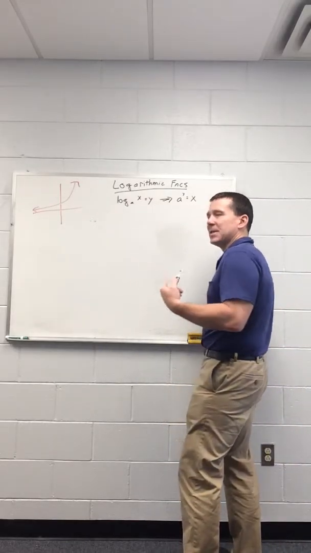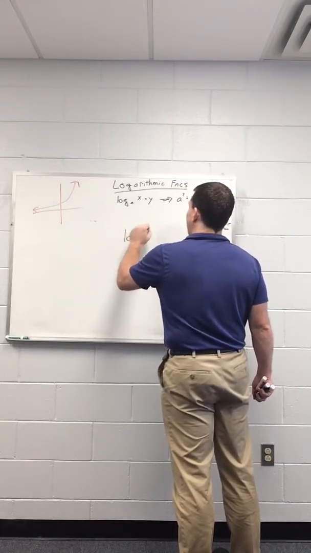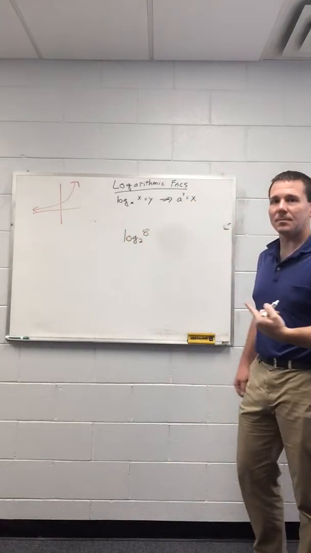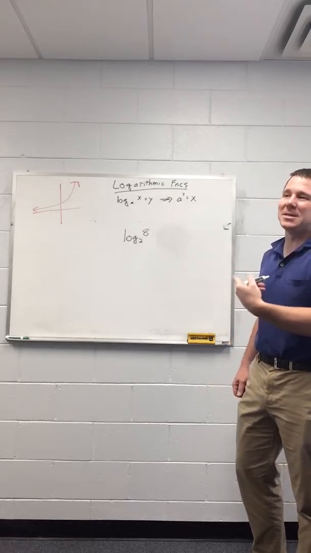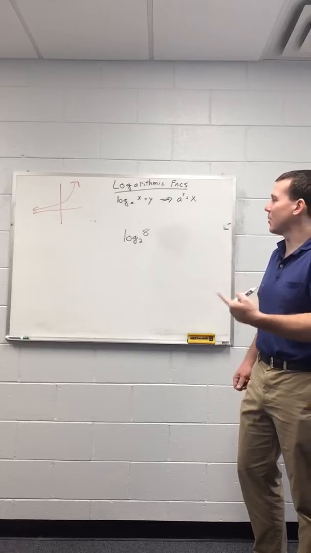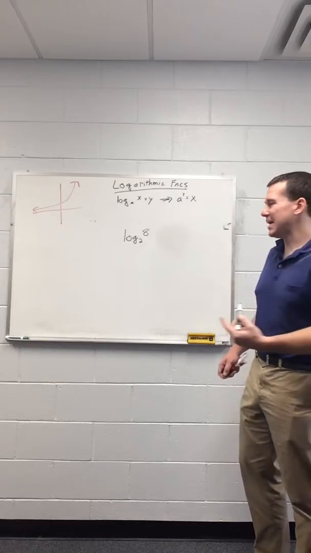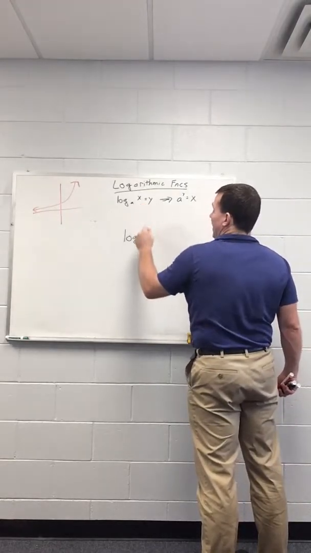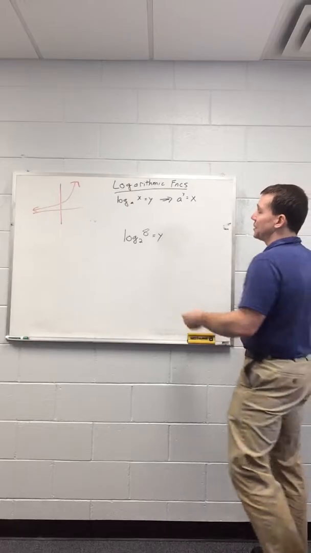As far as how these things work, suppose we have something like log base 2 of 8. Once you understand what a logarithm is, these can be relatively simple to solve, a lot of the ones we're going to look at. But if you're unsure, at least to get an idea, suppose log base 2 of 8 is equal to y. Now use the definition.